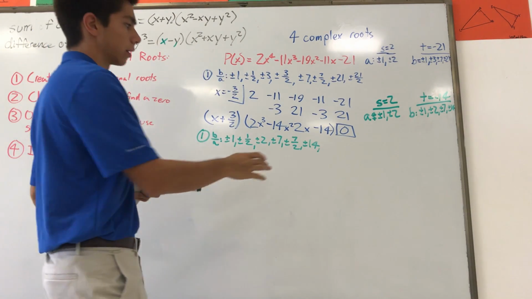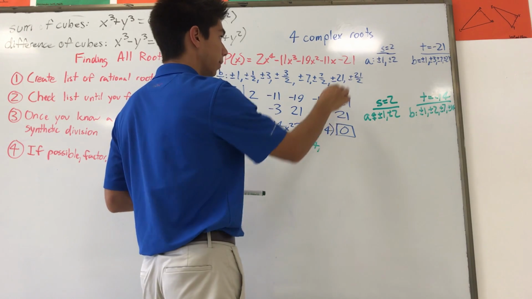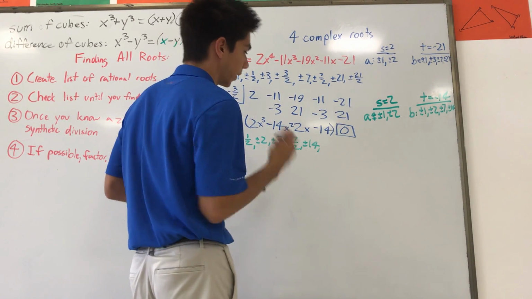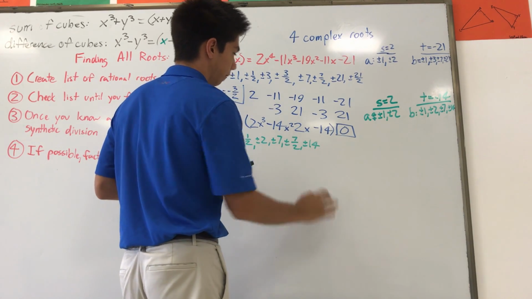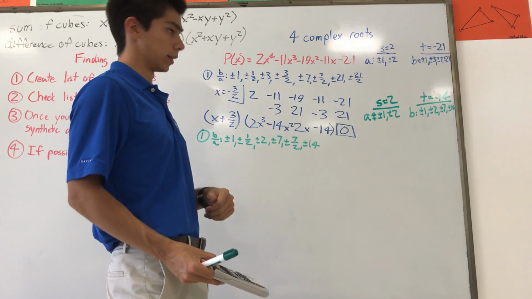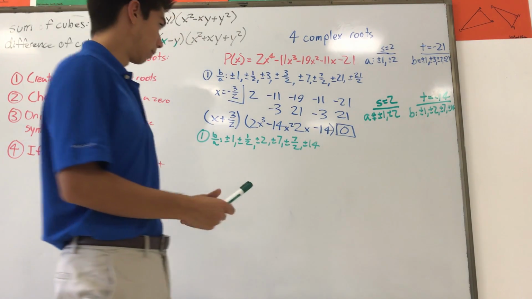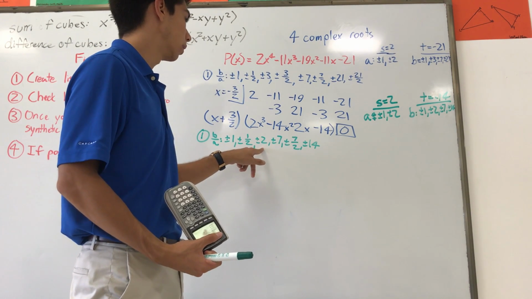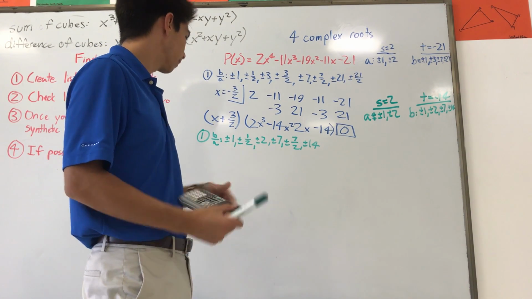We can actually take this plus or minus 14 off the list because it was not in our original list. I'll leave it there just because we can, but you should be able to say, I know that this was not on my original list, therefore it can't be an answer, which is the same thing with this plus or minus 2 actually.